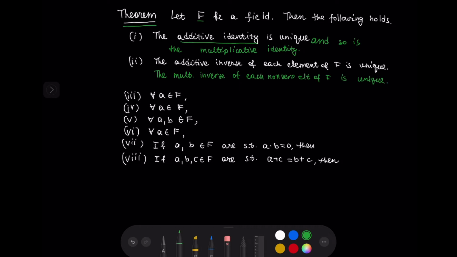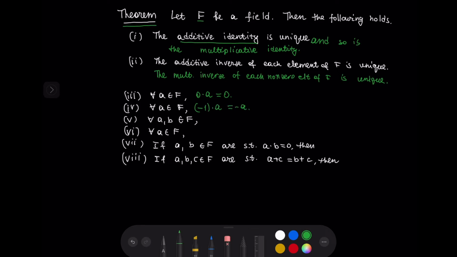The next property is that for every A in F, 0 times A is equal to 0. So field axioms imply this property. The next property is that for every A in F, when we take -1 and multiply it by A, we get -A.